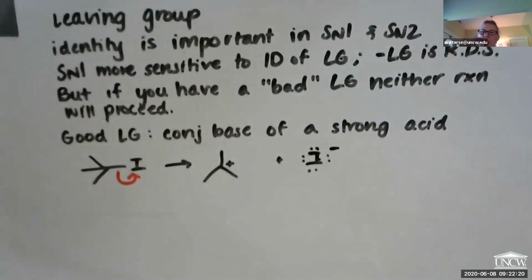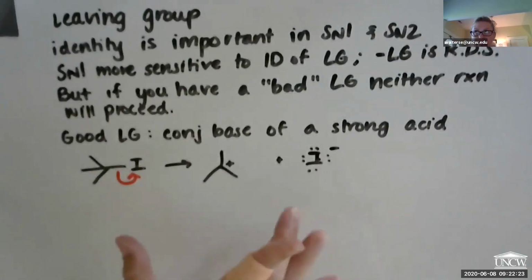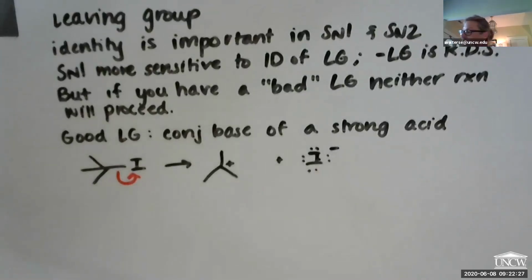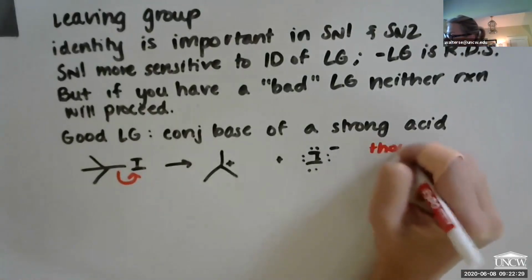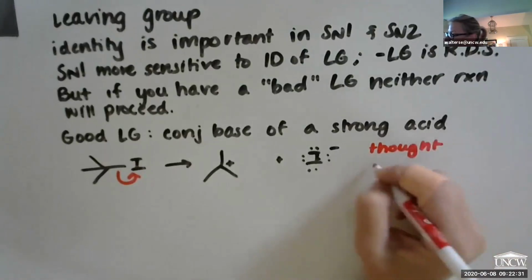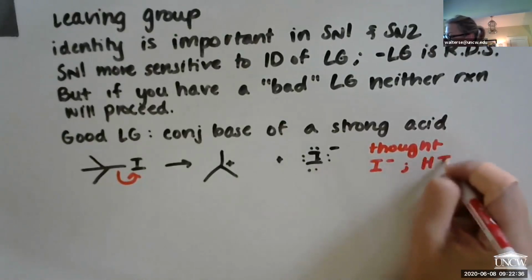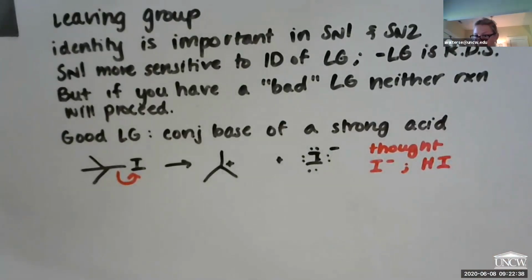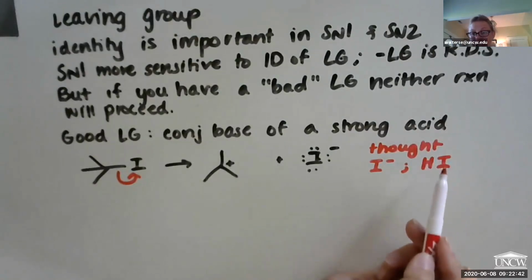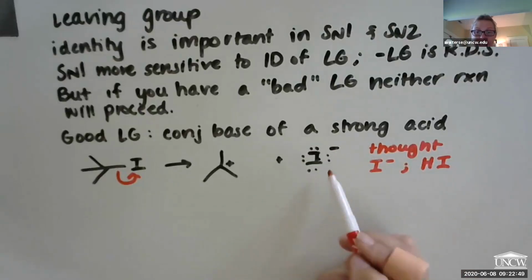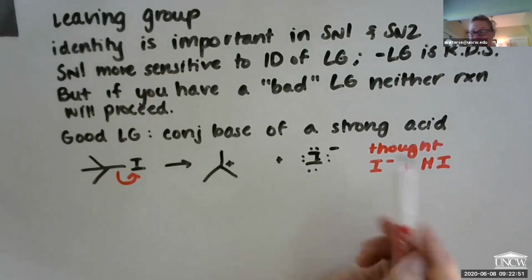Okay. Now there's no Bronsted-Lowry acid and base reaction going on here, okay? But your thought process should be that iodide is related to hydroiodic acid. Hydroiodic acid is strong, which means it fully dissociates and creates a lot of very stable iodide anions.